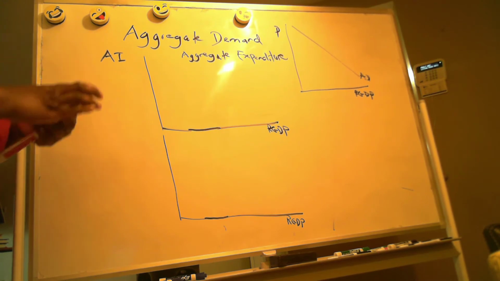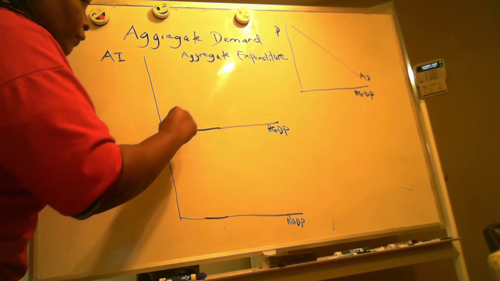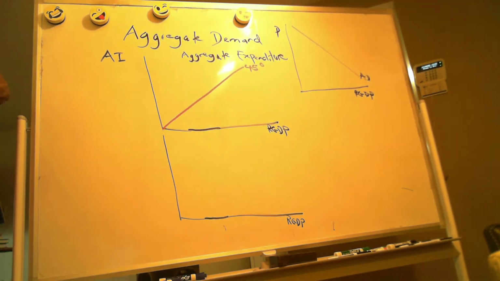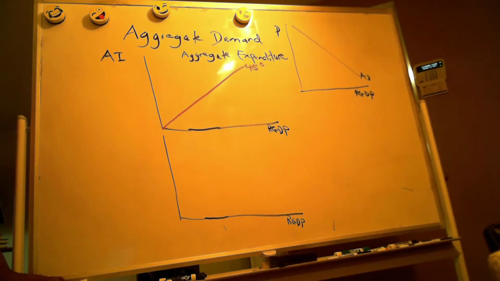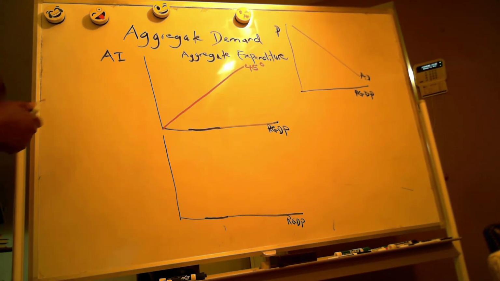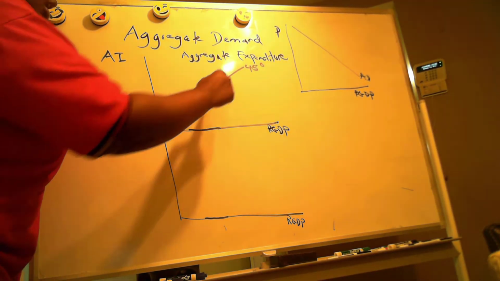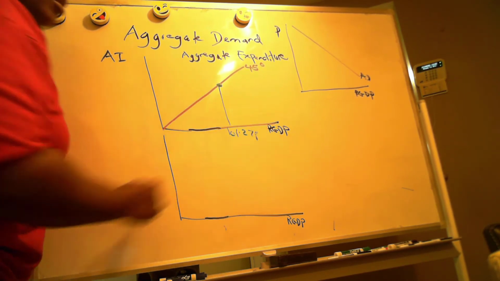Now, to give you a concept of how this works, I am going to put in a 45-degree line right here. If you're going, why is that there? This line gives us some nice, neat properties. I'll show you. On this line, let's say I choose a point right here. And let's say it's 101.278.